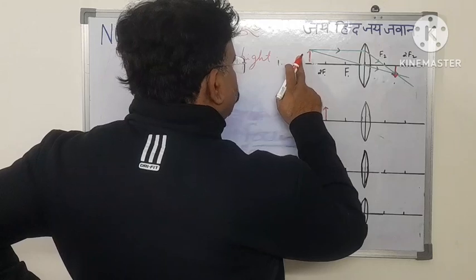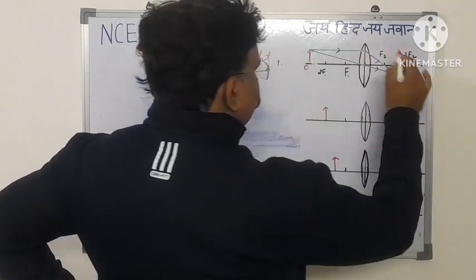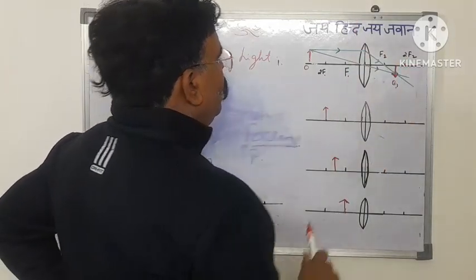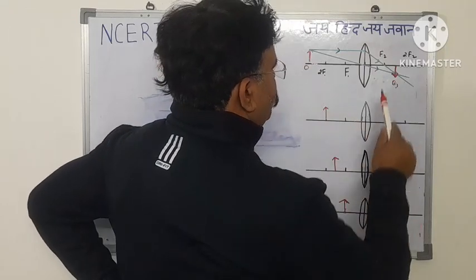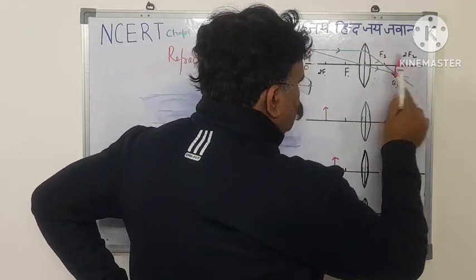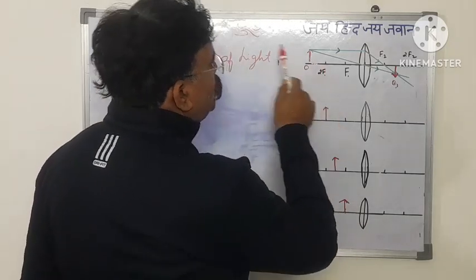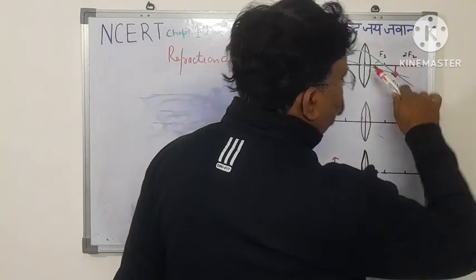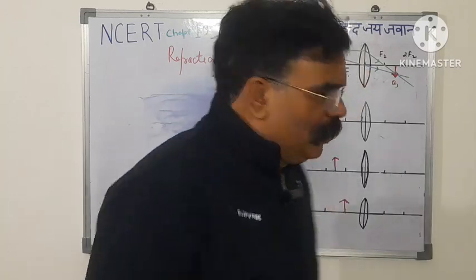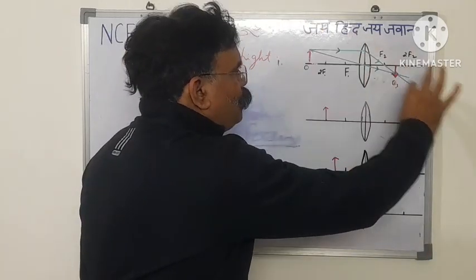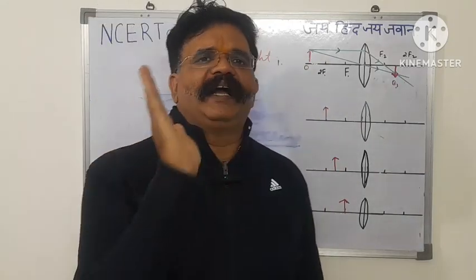The image is real because these two rays are meeting here, and the image is between F2 and 2F2. Meaning if an object is kept beyond 2F, the image will be formed on the other side between F and 2F.